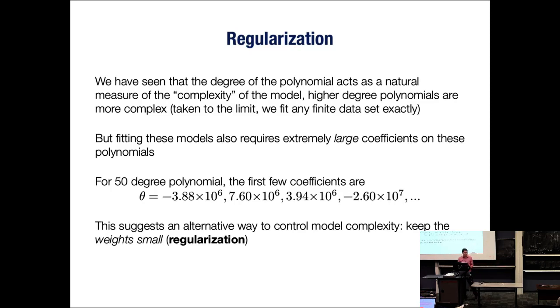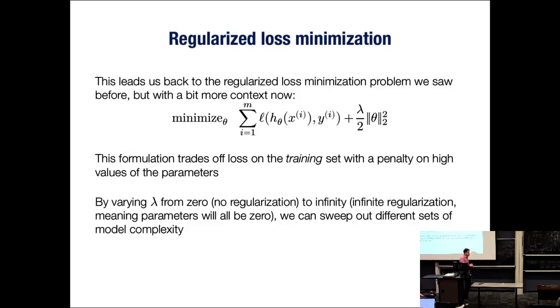And this suggests another way to control model complexity, which is exactly the regularization idea we talked about earlier, but now discussed with a lot more context. So the idea, which I introduced last time, was that instead of just minimizing a loss function, we actually minimize a loss function plus a regularization term, which penalizes large entries of our parameters theta. Which hopefully makes sense, right?